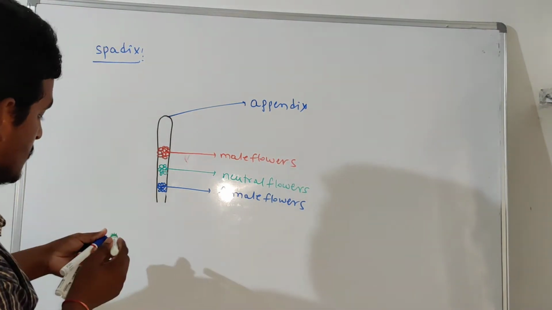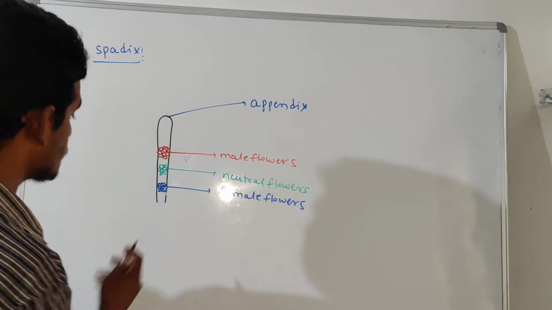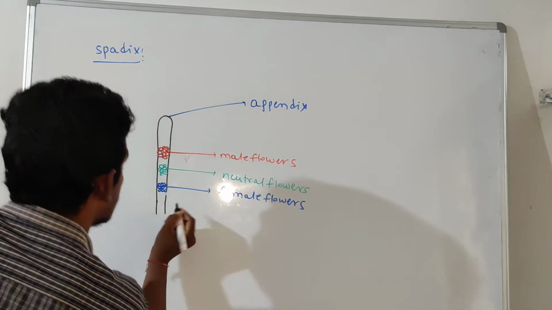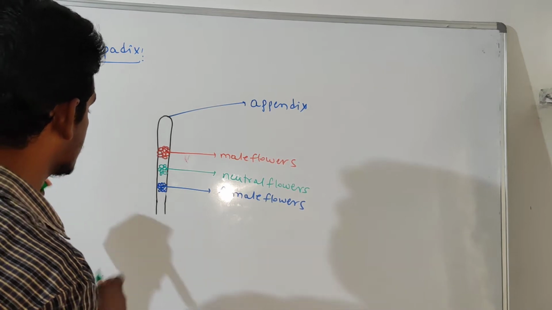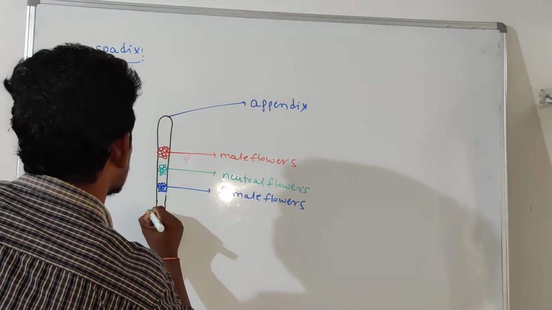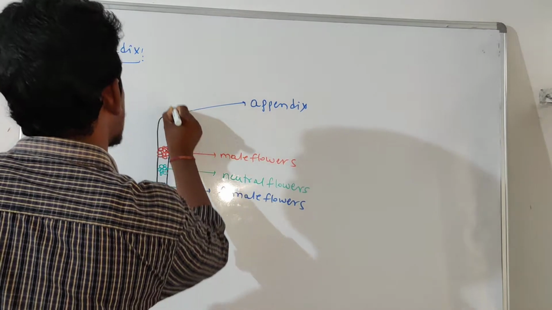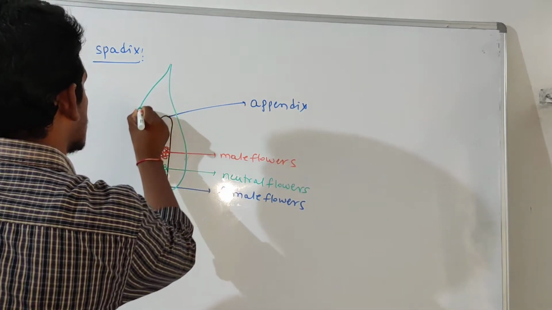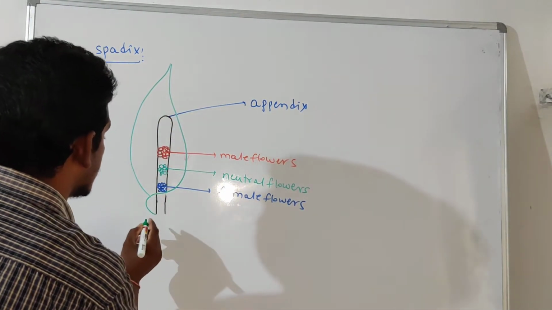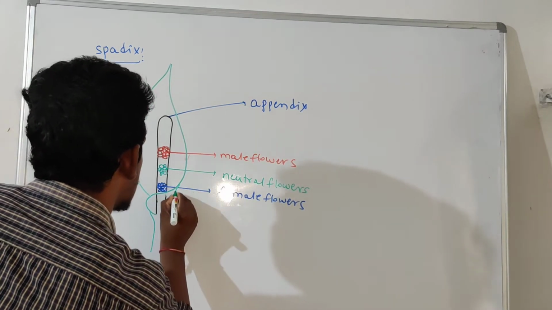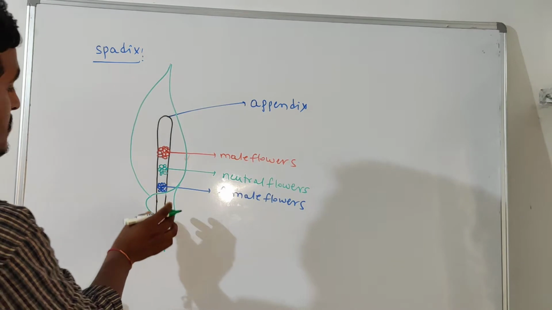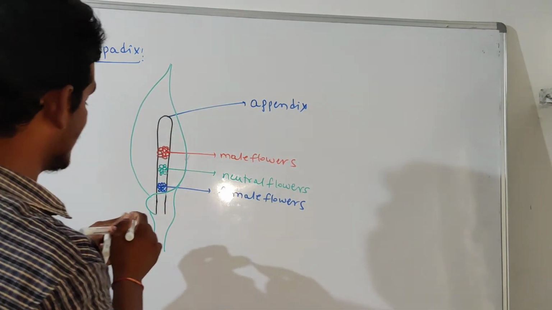In this peduncle, some portion of the bract is modified into a sheath-like structure. It is covering all the types of flowers, right? So this is what we call the spathe.